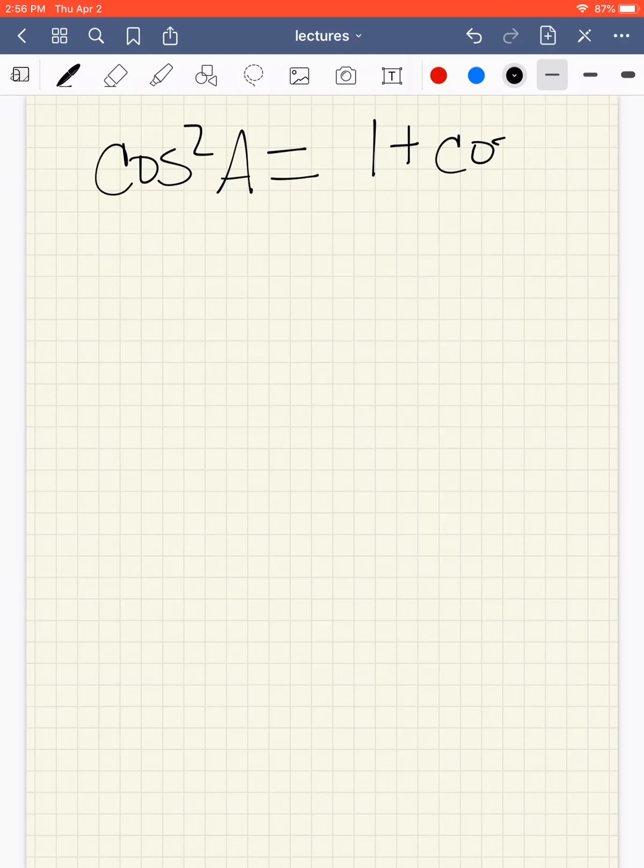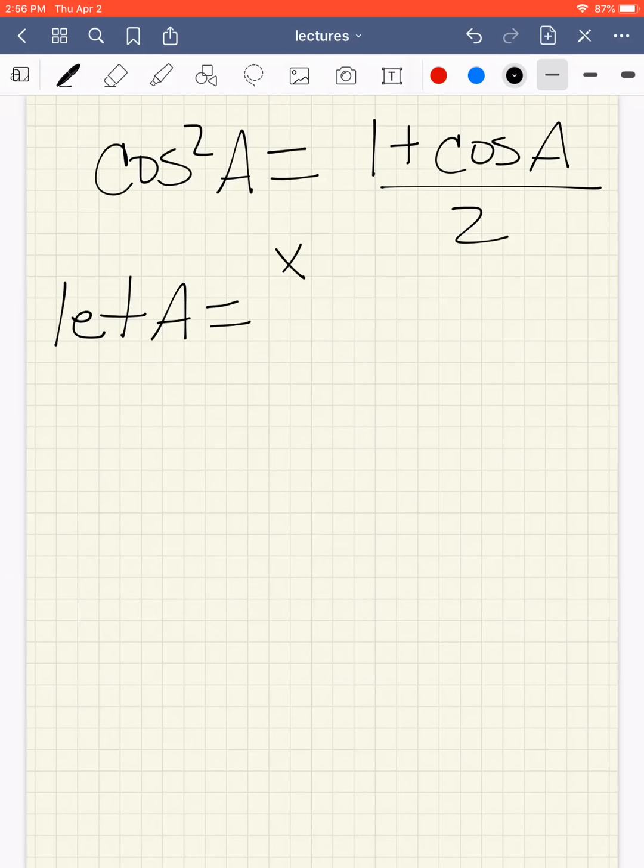Cosine squared of a equals 1 plus cosine of 2a divided by 2. And then again, we have to make the substitution. Let a equal x over 2, after we take the square root, that is.